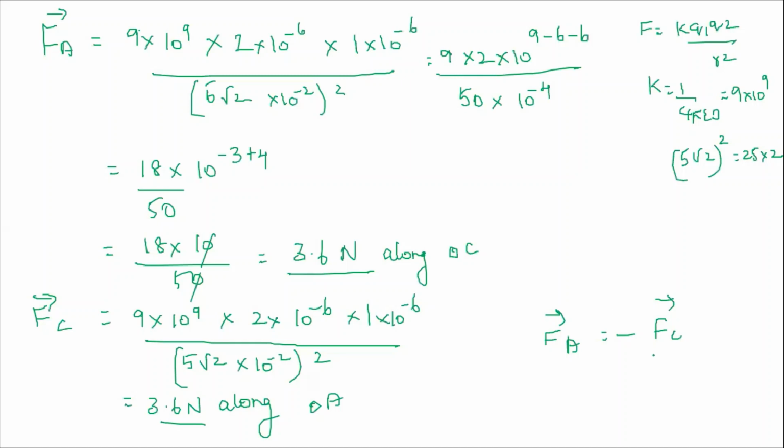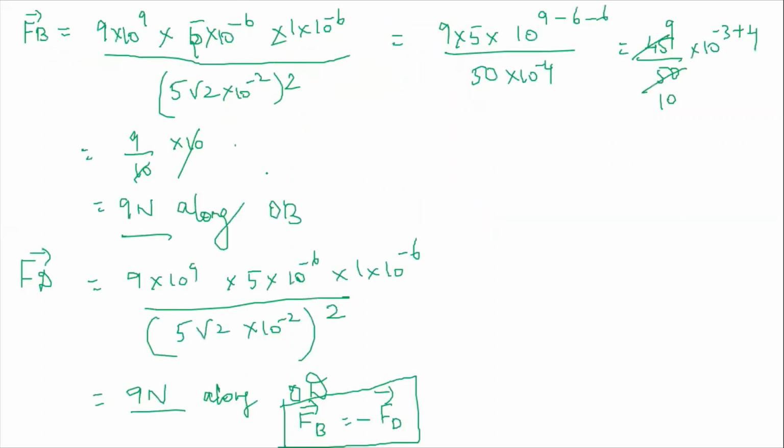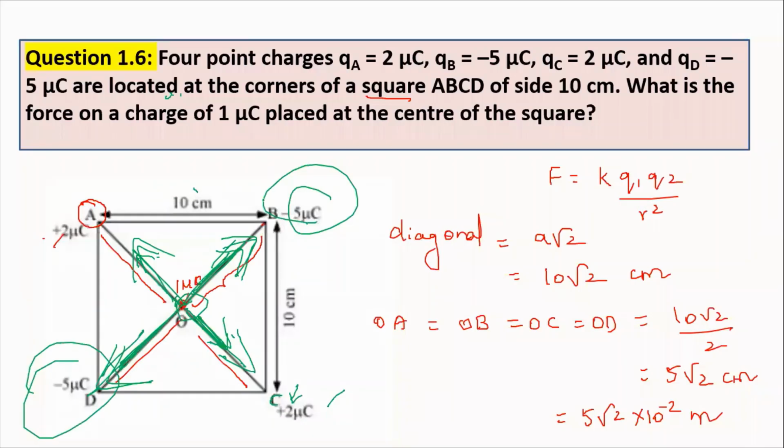FA is equal to minus FC, so FC will be equal to minus FA. Similarly, FD will be equal to minus FB. They are equal and opposite, so they will get cancelled. So the net force is equal to 0. So there is no force on the charge 1 microcoulomb because the forces are equal and opposite. They cancel each other.